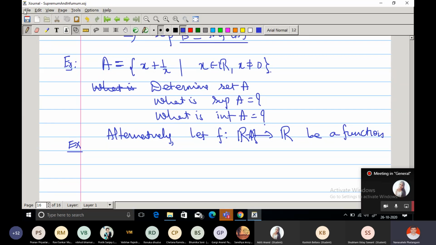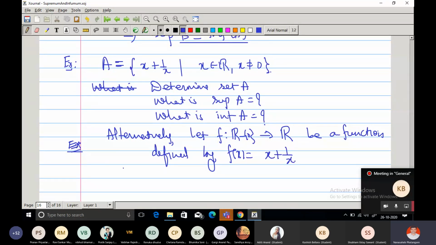Why R minus 0? Because x is not equal to 0, so at 0, 1 by x is not defined. So f from R minus 0 to R is defined by f of x is equal to x plus 1 by x. So this is my function.